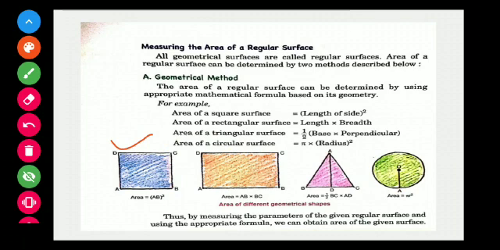Area of square is equal to side into side, area of rectangle is equal to length into breadth, area of triangle is equal to half base into perpendicular distance, area of circle is pi r square. These are some formulas. With the help of these formulas, we can determine the area of regular surface.